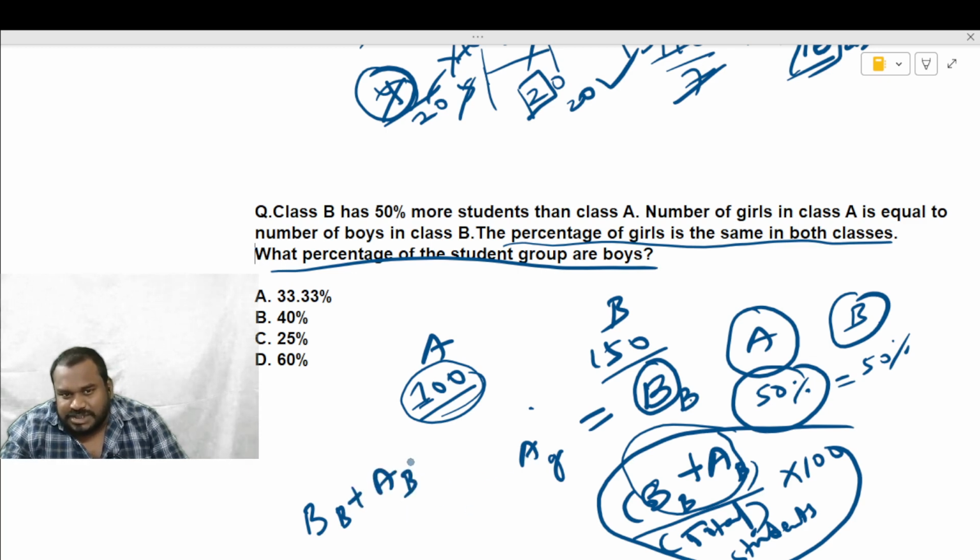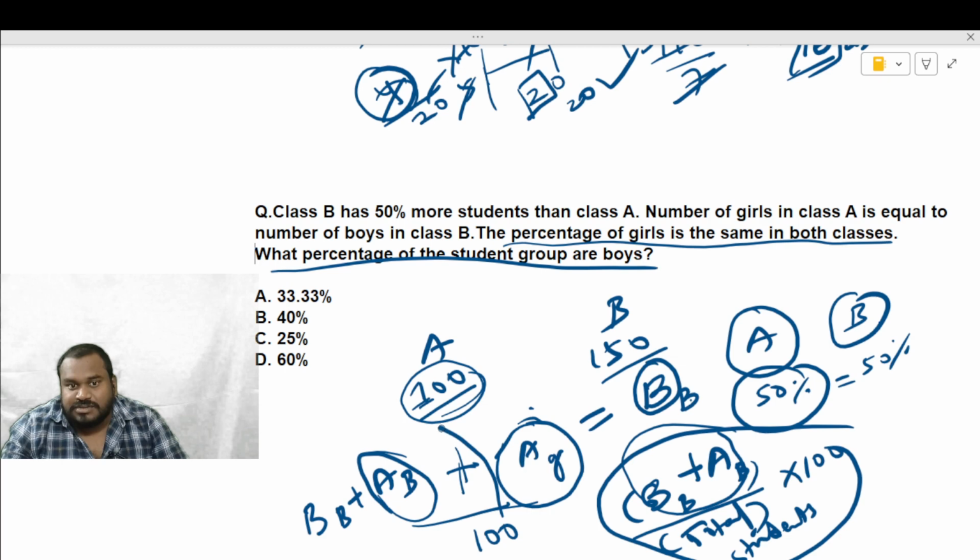What is AB? The number of boys in class A, which I don't know. The total number of students in class A, I know, is 100. There are girls also in class A. If I add AB and AG, it will definitely be equal to 100, right?